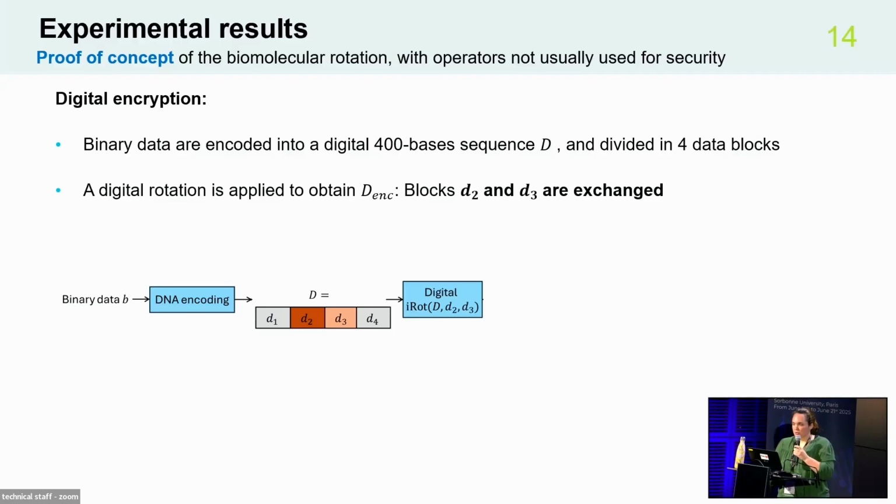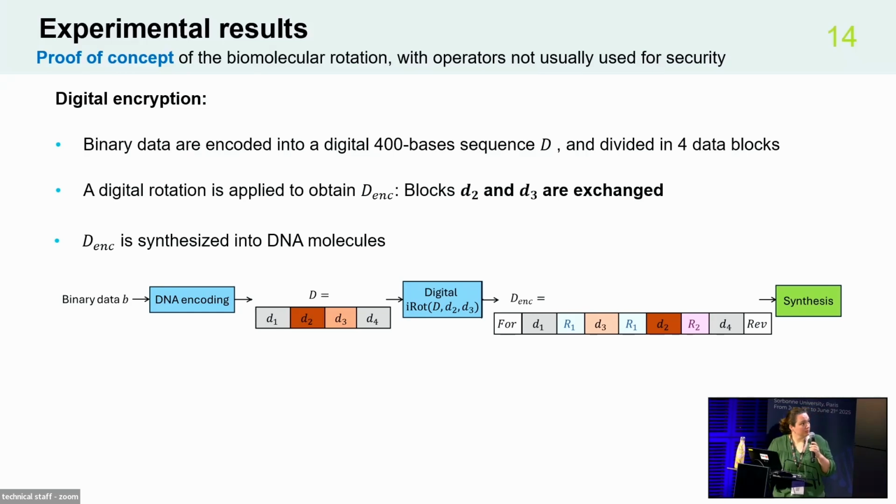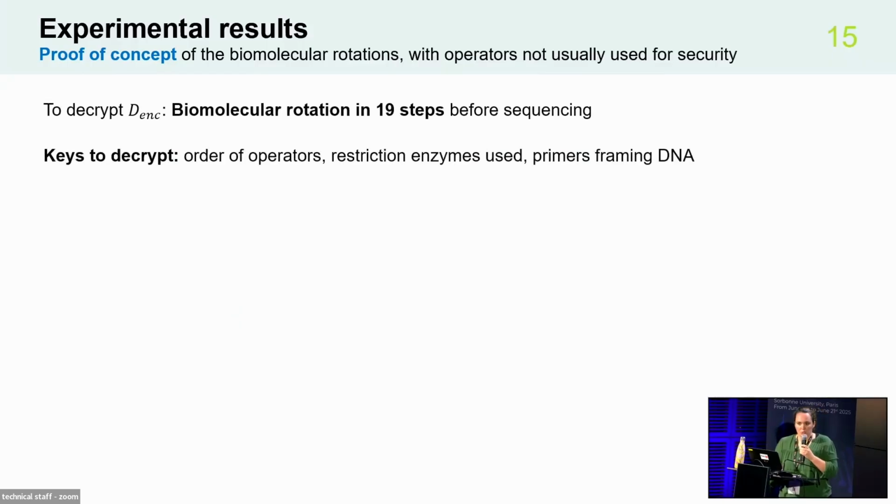And then we applied a digital rotation to it to obtain this sequence with the blocks D2 and D3 that are exchanged, and we synthesized the result. So then, to decrypt this sequence, to inverse the rotation, we developed a biomolecular rotation protocol in 19 steps.